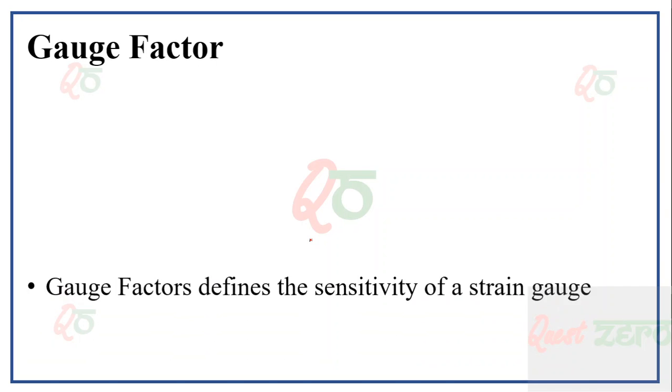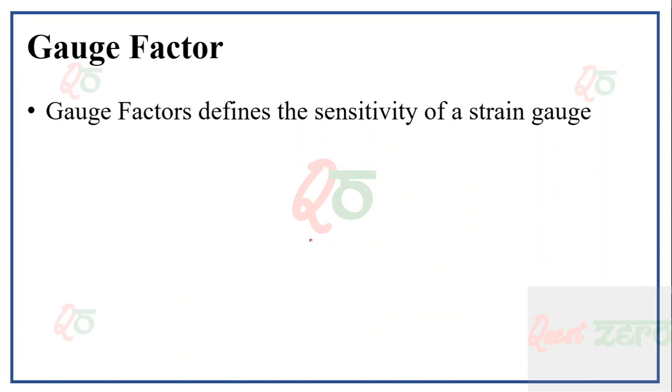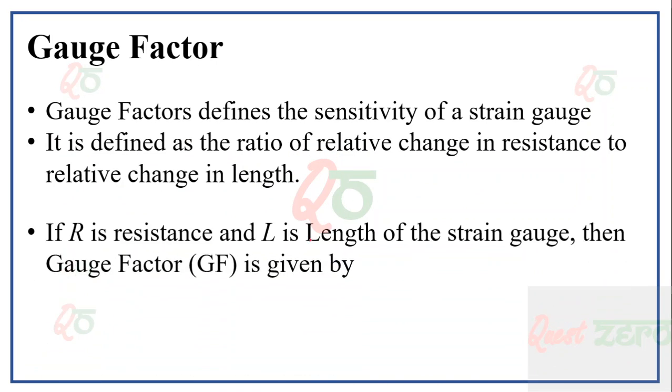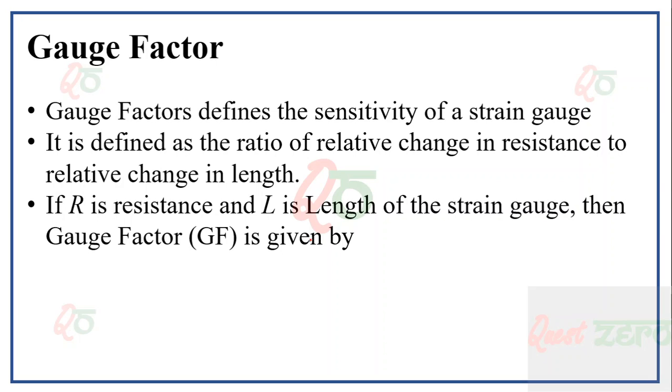Okay. The other important characteristic of a strain gauge is the gauge factor. So what is gauge factor? It is the sensitivity of the strain gauge. How sensitive is a strain gauge to the measurement of deformation? It is defined as the ratio of relative change in resistance to the relative change in length.